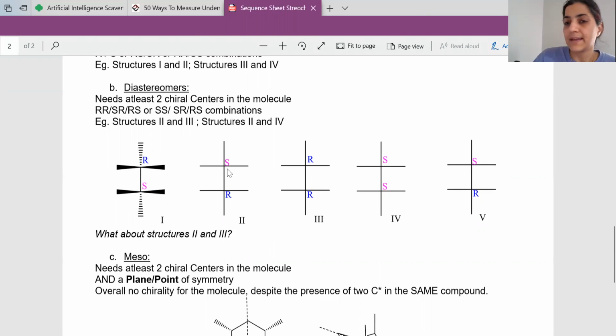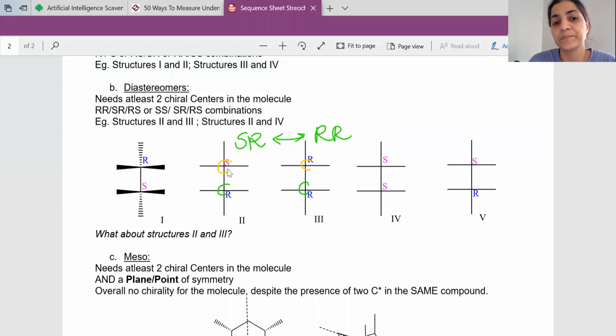At this chiral site, your configuration is S. But at the same carbon on structure 3, it is R. On the second carbon of structure 2, it is R. And the second carbon of structure 3 is R as well. So what we see is an SR and RR combination. This is what a diastereomeric relationship could be.